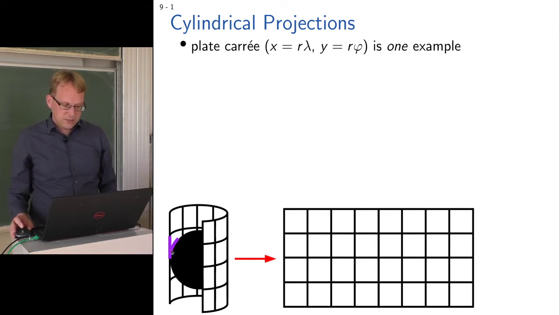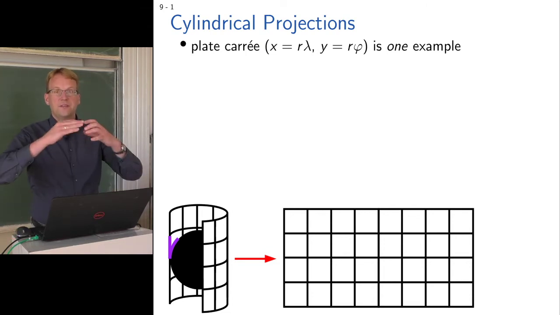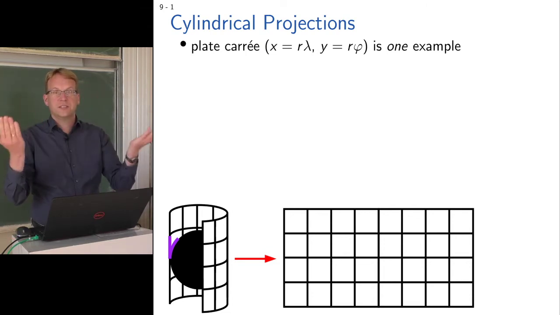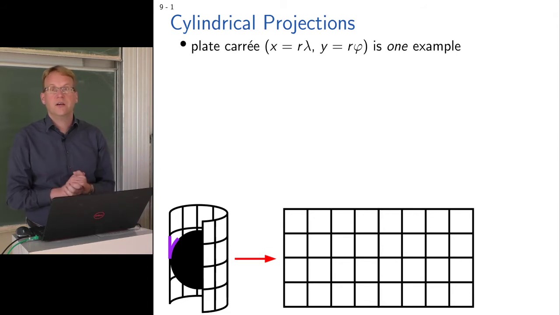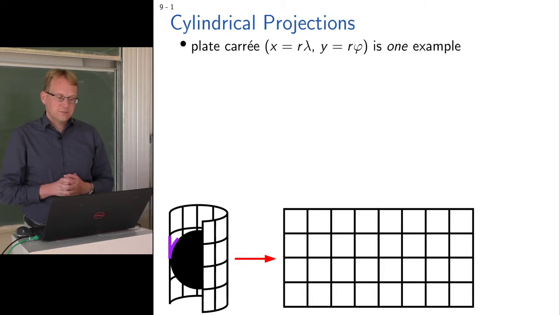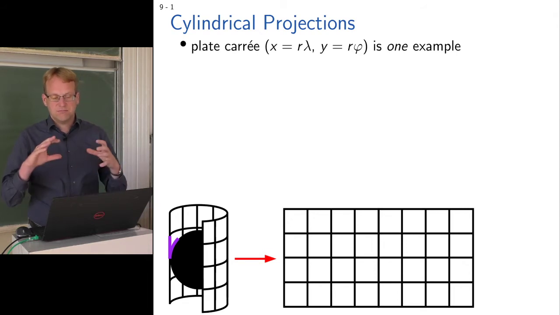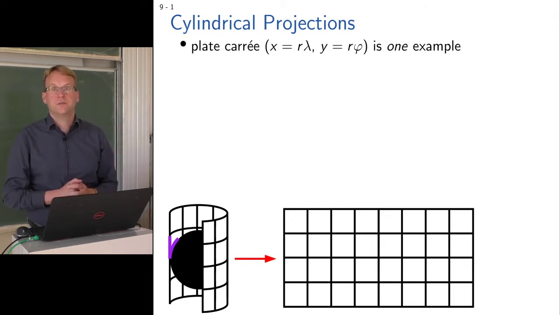What we do here is basically project these meridians to vertical lines, as shown here, and after that you unfold and flatten the cylinder, and then you have the map. That is one way to explain the plate carrée projection. But it is not the only cylindrical map projection, of course, because cylindrical projections are a whole family of map projections.